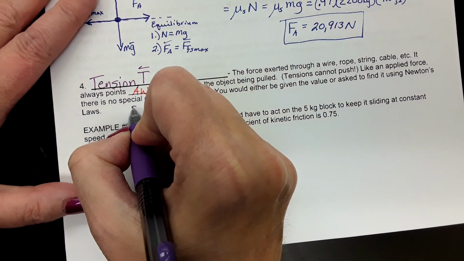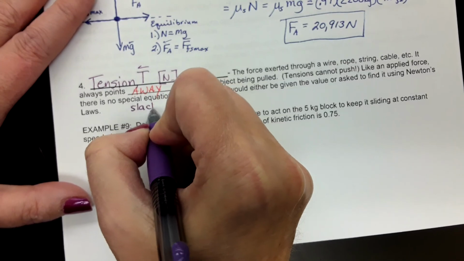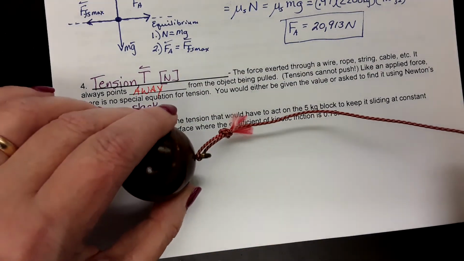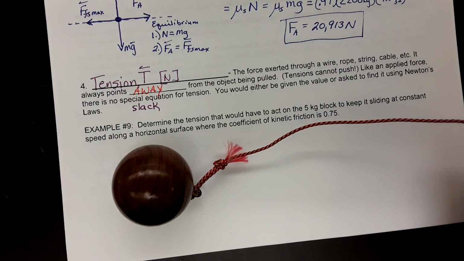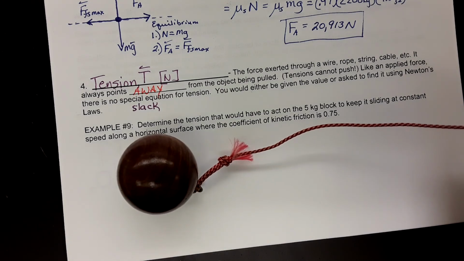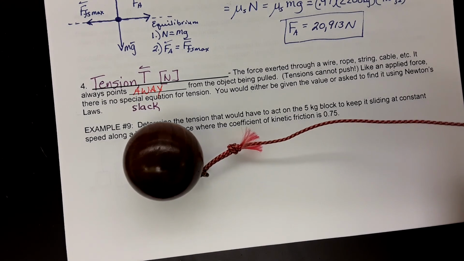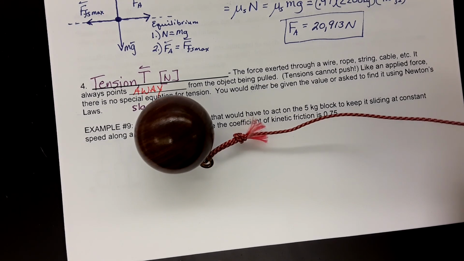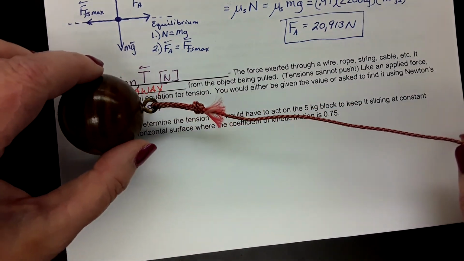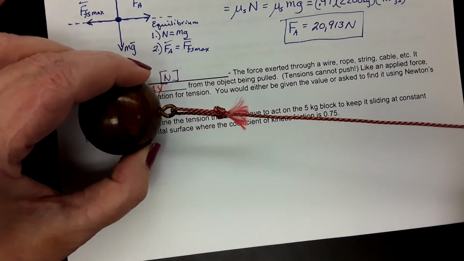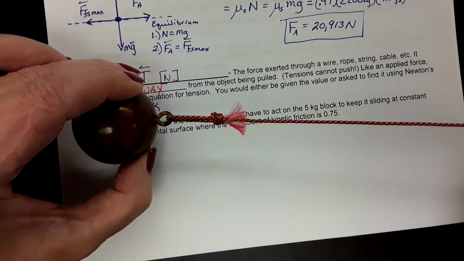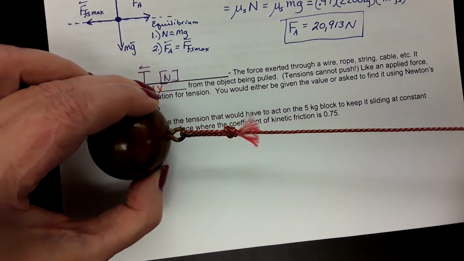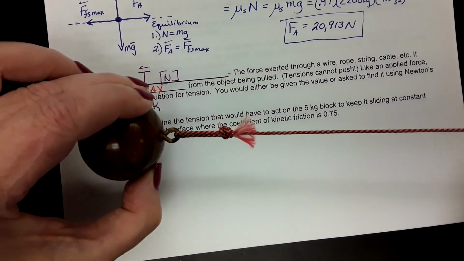The first term is the term slack. When you have a slack tension, that simply means there's not a lot of tension in it. Like right now, this string is slack. There's very little, if any, tension in it being exerted on the ball. And if I pull, however, then the string gets very straight, and you can tell that I'm pulling with it.